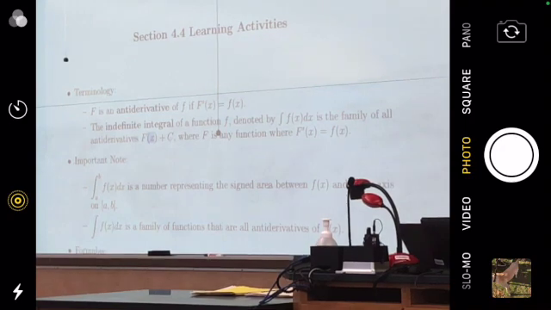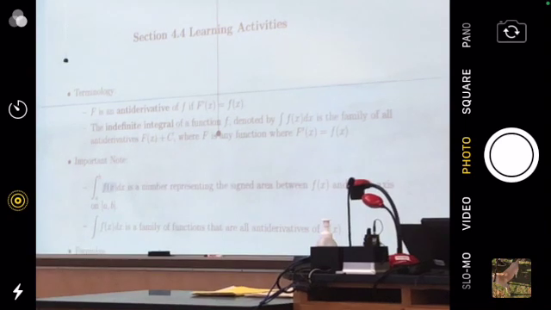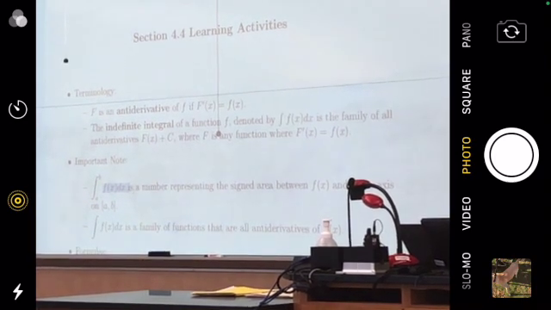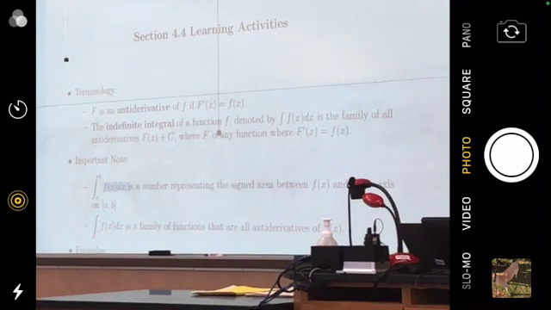Alright, so notationally, this is what we covered in section 4.2, where you do an integral sign with an a and b. That represents a number. And what is that number? That number is the net signed area bounded by the graph and the x-axis between a and b.